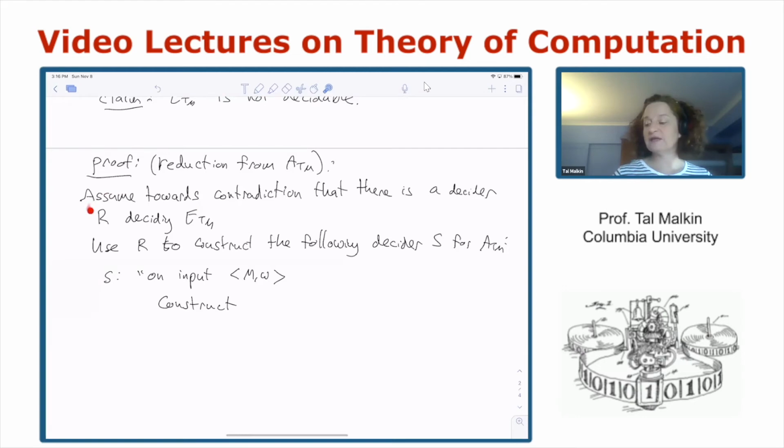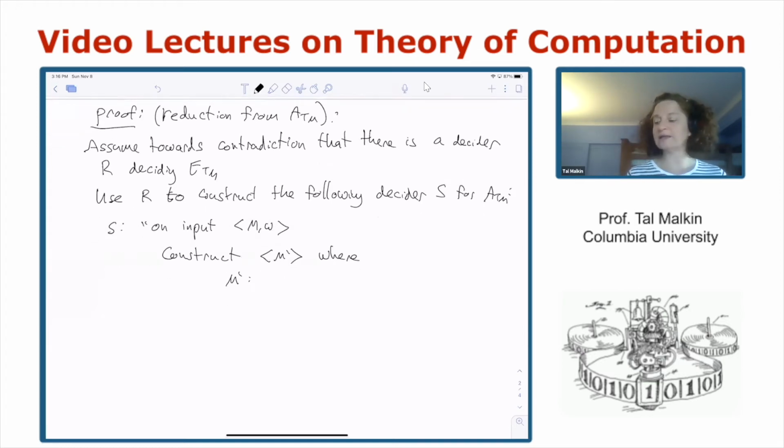You want to use that in order to answer whether M accepts W. So we will construct a description of a Turing machine, an encoding of a Turing machine M prime. We'll discuss in a minute what M prime is. We will construct it in such a way so that this reduction works.